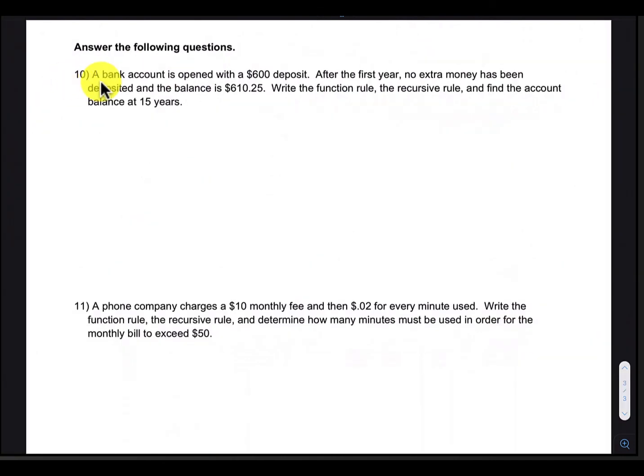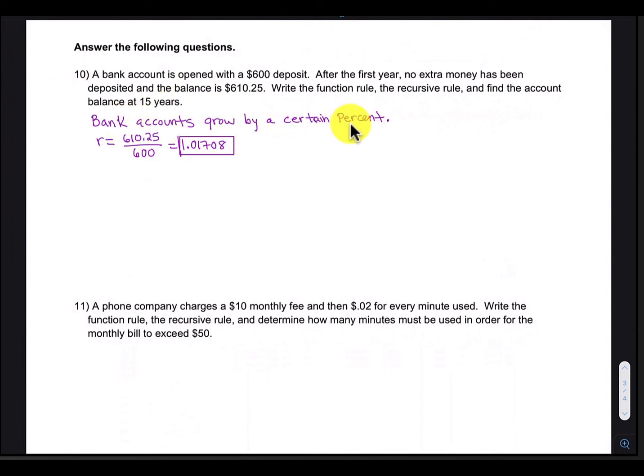All right, for number 10, it says a bank account is opened with a $600 deposit. After the first year, no extra money has been deposited and the balance is $610.25. Write the function rule, recursive rule, and find the account balance after 15 years. So first, bank accounts grow by a certain percent or a certain common ratio.